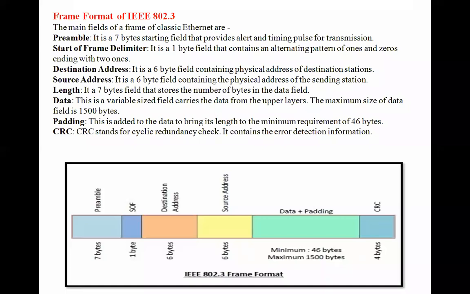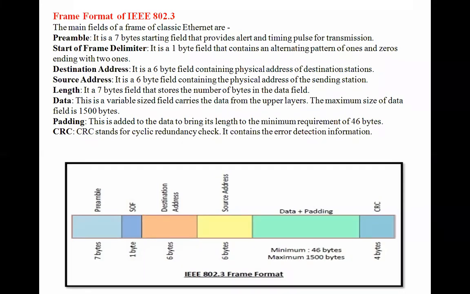Preamble is going to alert the particular block to the next block that I'm sending the particular data, so start receiving that data. That is going to send only the alert to the next block. Okay, it is going to send the alert or timing pulses. Once the alert has been given, it is going to add ones and zeros.